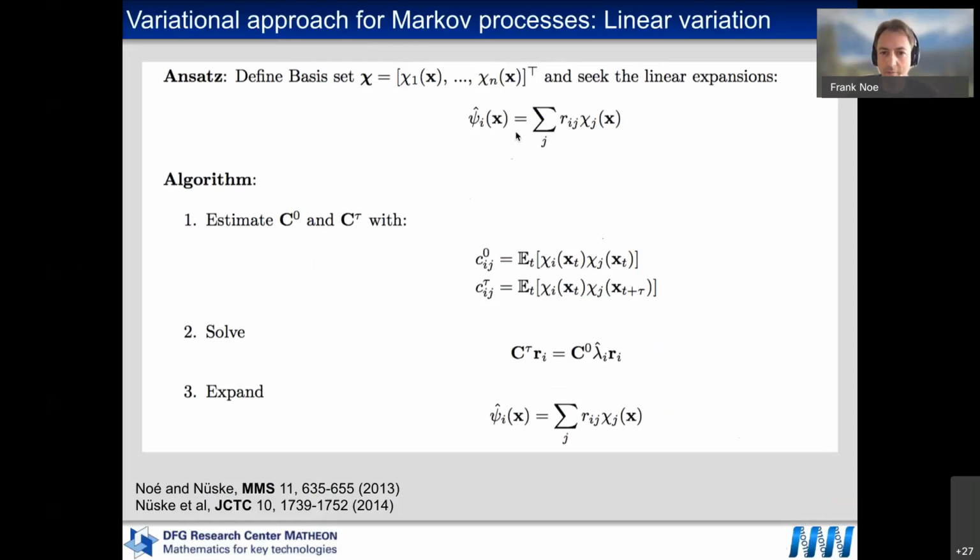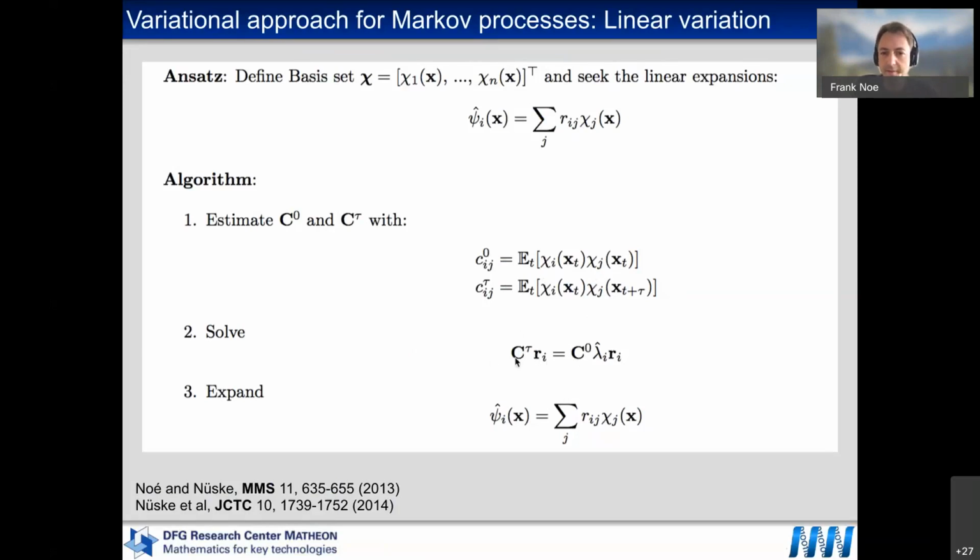Now it turns out, again, we have to compute covariance matrices of these descriptors. The instantaneous covariance matrix, that's the same as in PCA, and the time lag covariance matrix. Then we have to solve this generalized eigenvalue problem, which is a normal eigenvalue problem if we use C0 inverse C tau as the matrix.